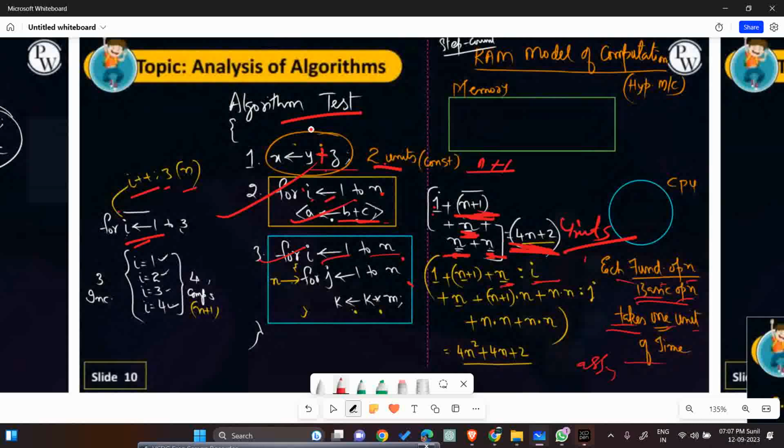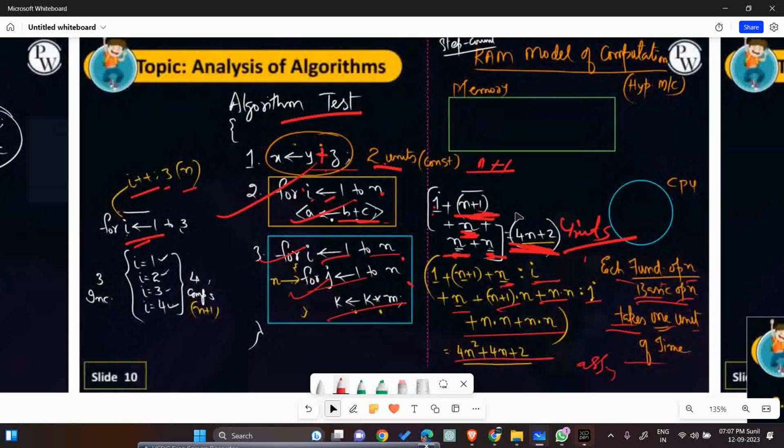For the inner loops, n times j, and so on.